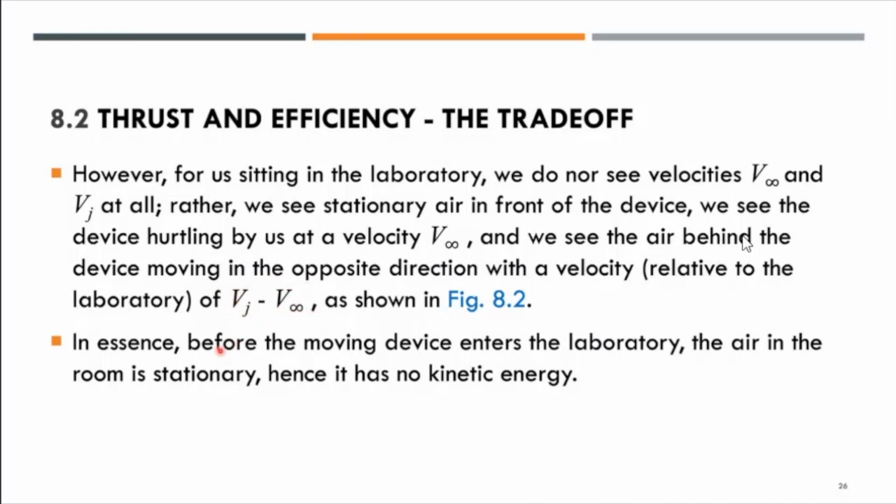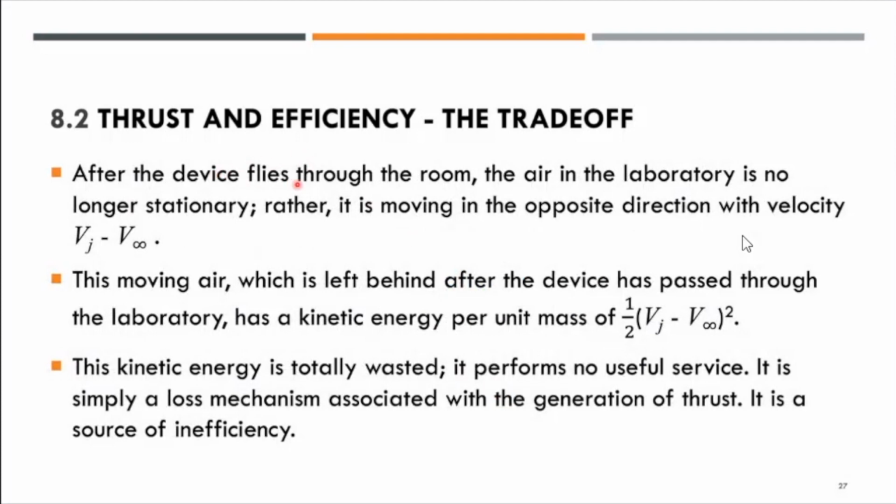In essence, before the moving device enters the laboratory, the air in the room is stationary, so there will be no kinetic energy in the beginning. After the device flies through the room where you sit, the air in the laboratory is no longer stationary, because you feel some movement of air, which is moving in the opposite direction with the velocity of vj minus v infinity.